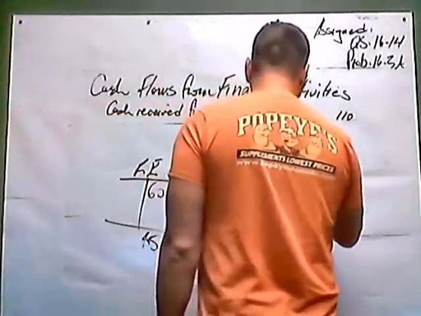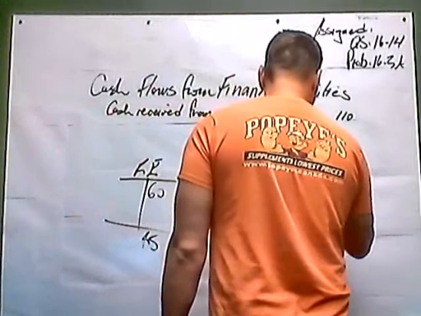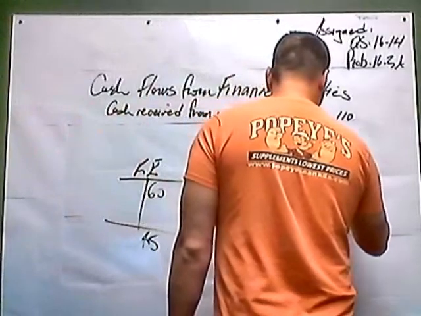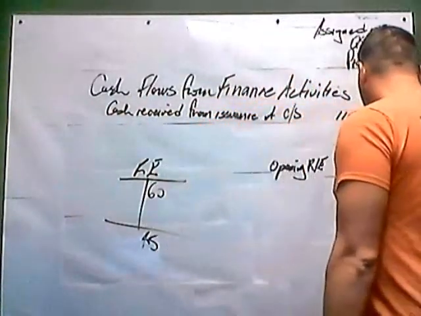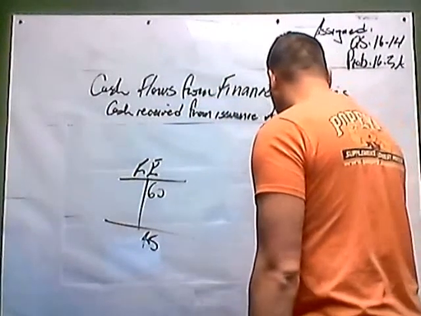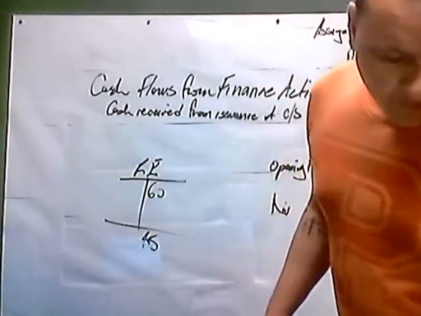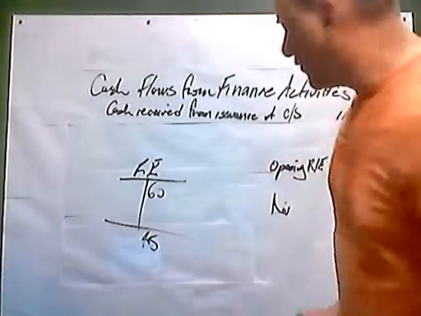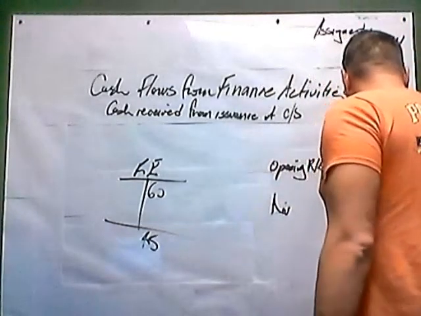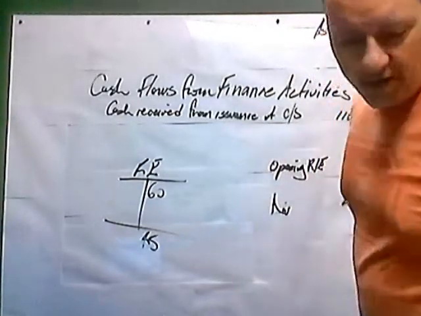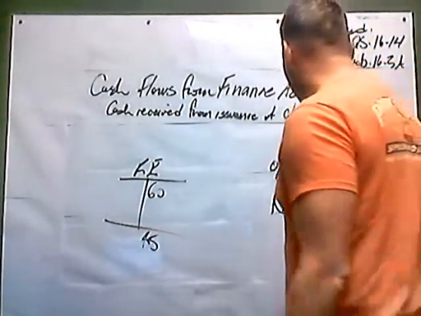So let's just say our opening retained earnings is 60. You paid out a dividend of minus 30 in dividends. And then you had net income of 15.